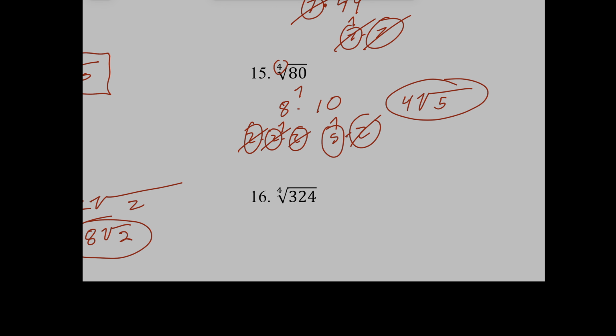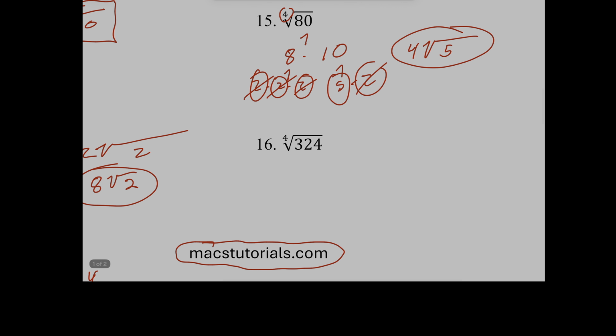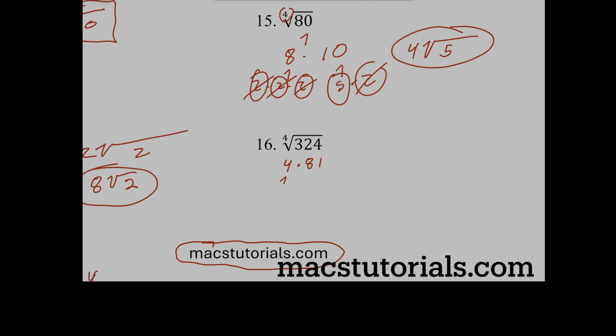Now I need to find a fourth root of 324. So again, I see that that's an even number, so I'm just going to do this by a 2. Well, you know what? I can see easily that a 4 is going to go in here. So 4 times 4 will go in the 32 8 times. 4 will go in the 4 once. This becomes a 2 times 2. This becomes a 9 times 9. Now, at this point, if it was square root, we would just be done.